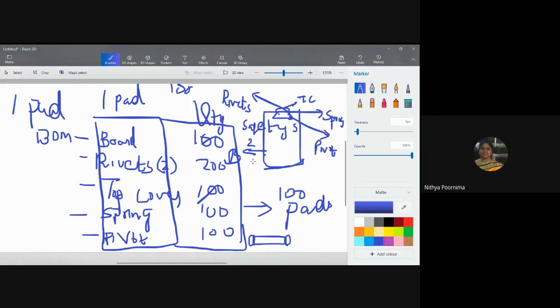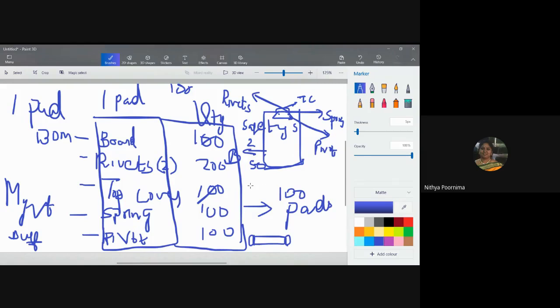Rivets, I will put 150 as extra. There is a certain percentage way of calculation in the organization. I'm just randomly writing here, but the management will give some allowance for this. They will keep some buffer stock money which you can use for procuring this safety stock material, and based on that, the allocation will be planned.